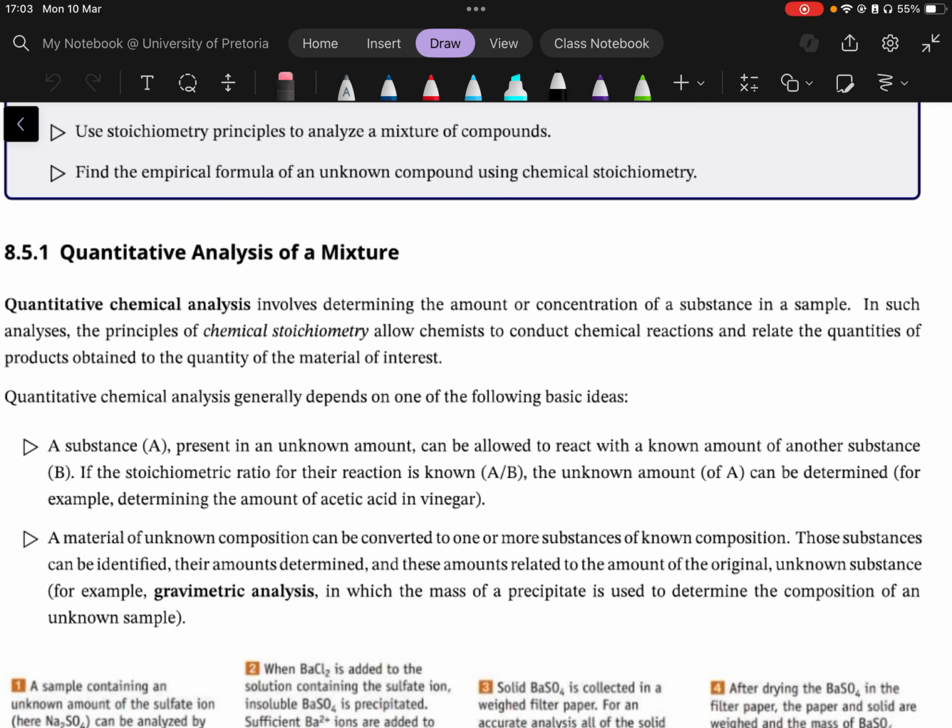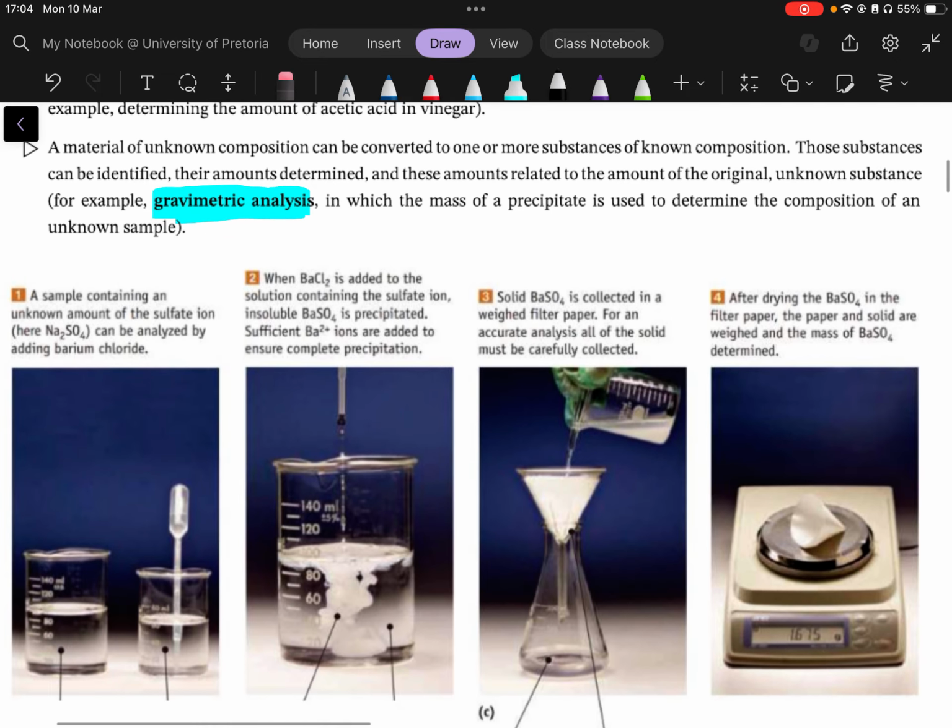Specifically, one of the examples that we will look at is gravimetric analysis, where we use a precipitate that forms, where it has a known composition, and where we can determine its number of moles, and then we can work backwards to determine something about a compound in an original sample.